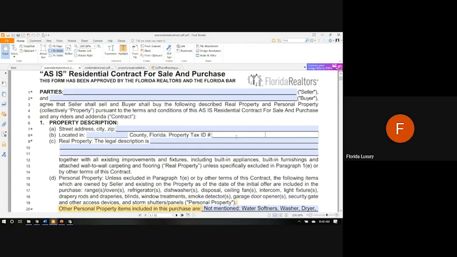There's no good way for Bill to be able to code that it always chooses option 2, because some counties only have 1 way. So it'll put in the street address, it'll put in the county, it'll put in the real property legal description, but it will not put in the tax ID. So you always have to make sure, even if the form is populated, you'll have to put that line in.